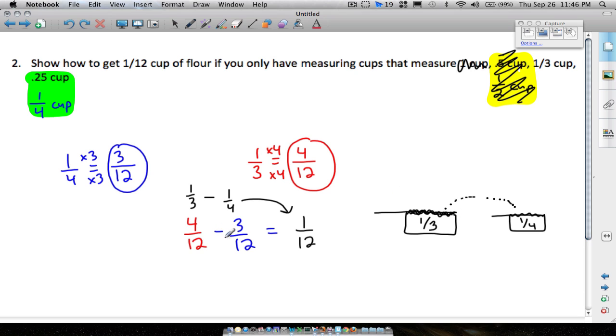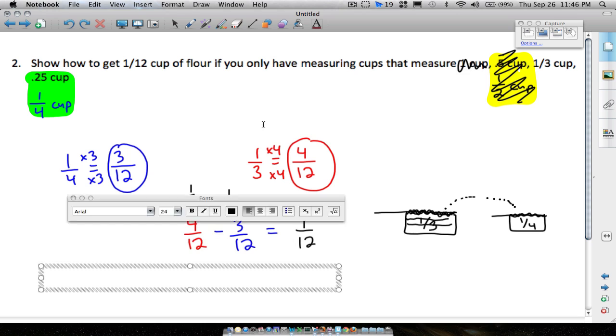That's where the subtraction comes in. Even though we're filling this thing up over here, we're taking it away. So as this flour's flowing into here, this flour is dropping, dropping, and once this one fills up, what you're left with is the 1/12. So a way to explain this is like this.